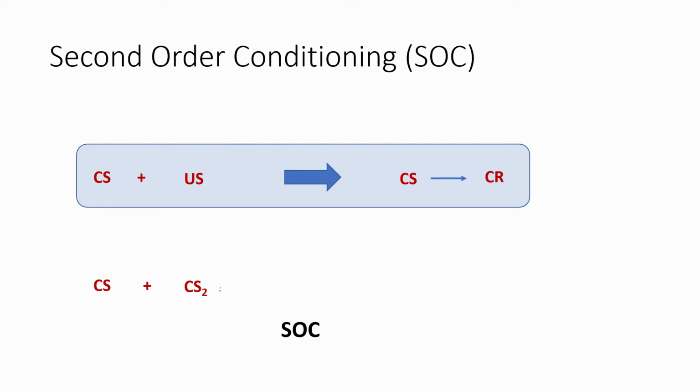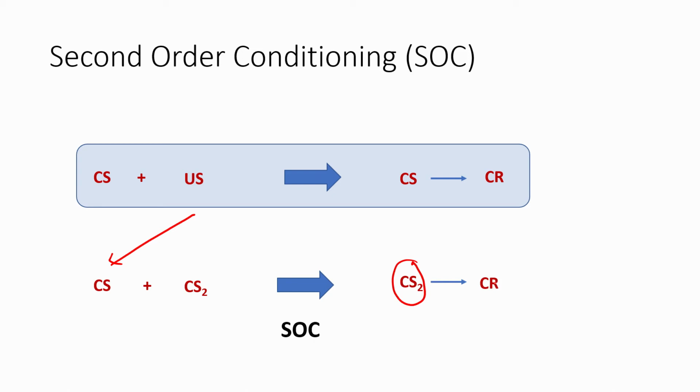This does not have a response on its own. The first one has, because of this training, a response. Now if I pair them, what we see is that you can actually later present just the CS2 alone, eliciting a response.